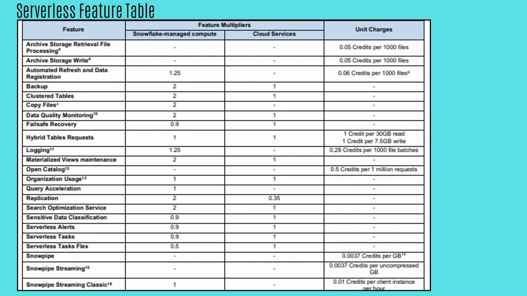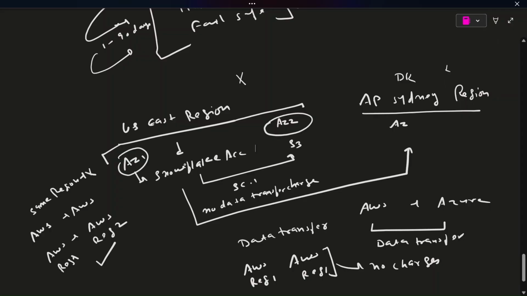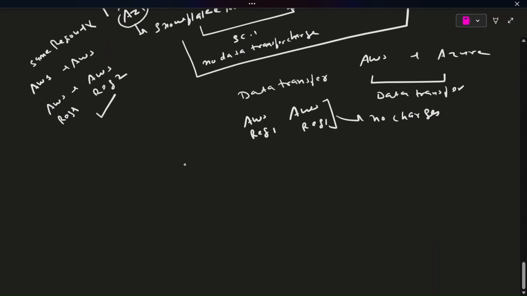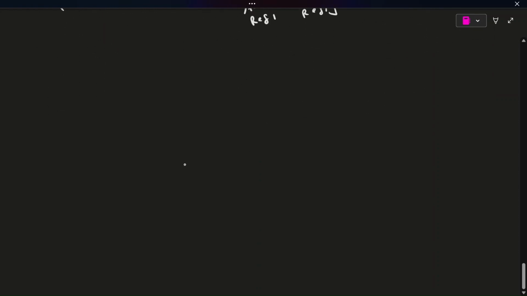Got it? Now, as we know, nothing is free, which means internally we are charged for the cloud service layer also. But there is one trick in how we are charged.